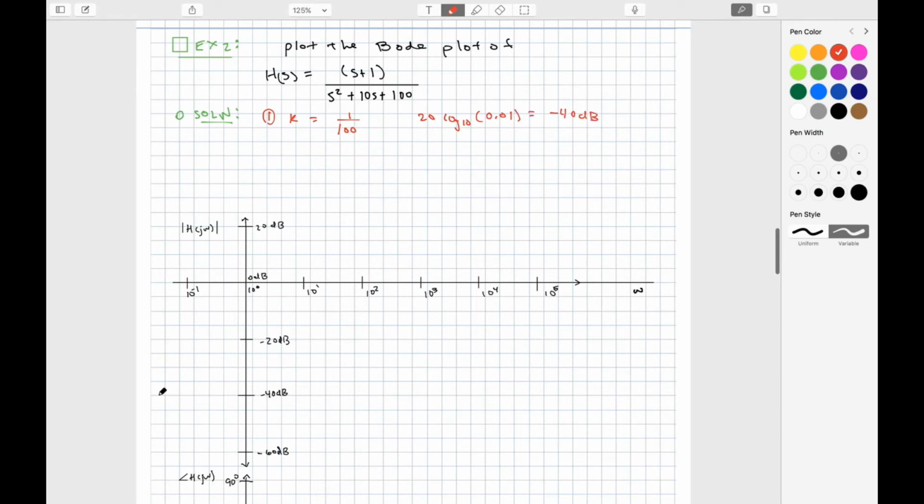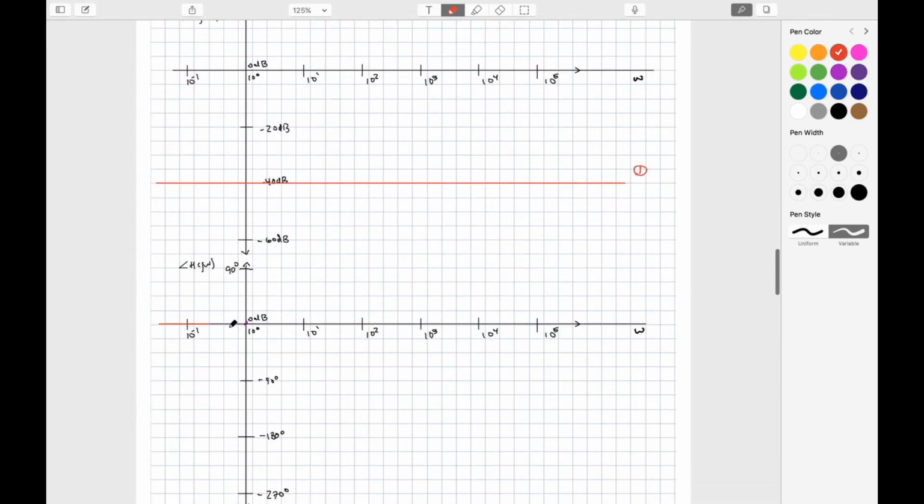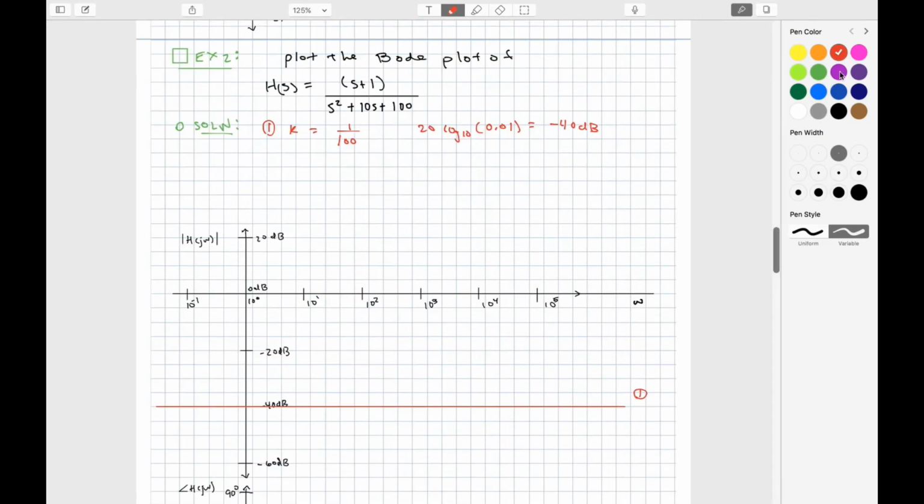So let's sketch that onto our chart. That contribution occurs here, and the angle associated with this is 0. Let's next go on to our 0, which is at 1, or negative 1, and the magnitude of this will be 0 up until a value of 1, and then we'll go up at 20 dB per decade, starting at 1.